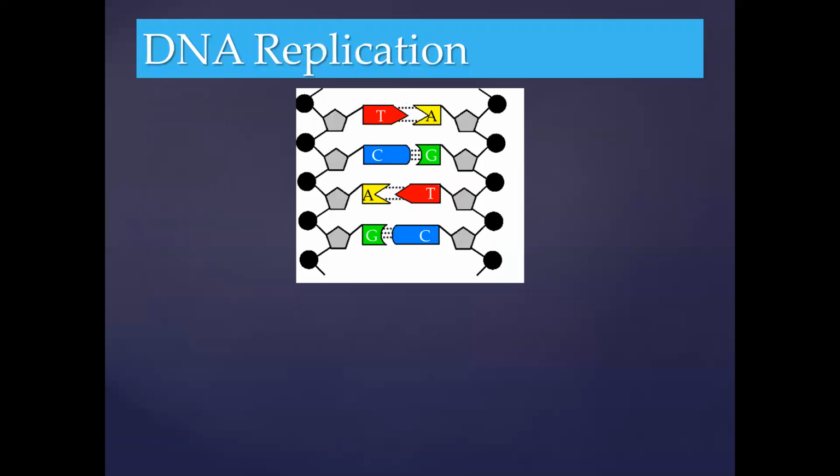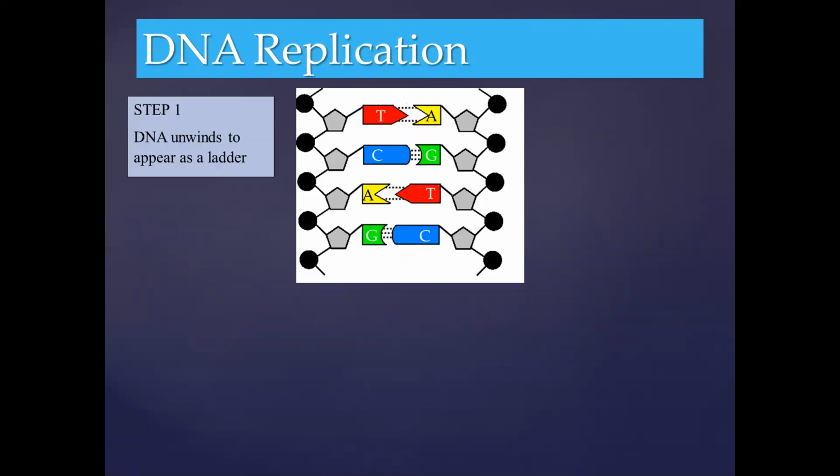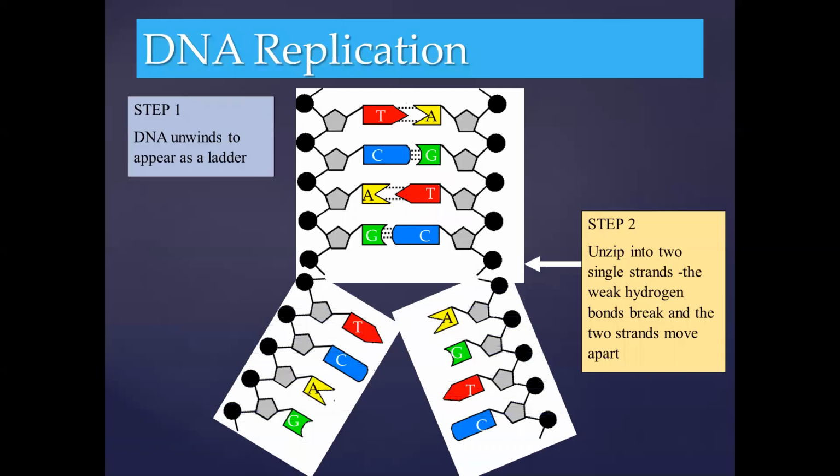So just to recap and look at the process again, here we have a DNA molecule which has already unwound. It's not twisted anymore in a helix. After unwinding, this molecule will be unzipped where the weak hydrogen bonds will break, and the strands separate from each other.